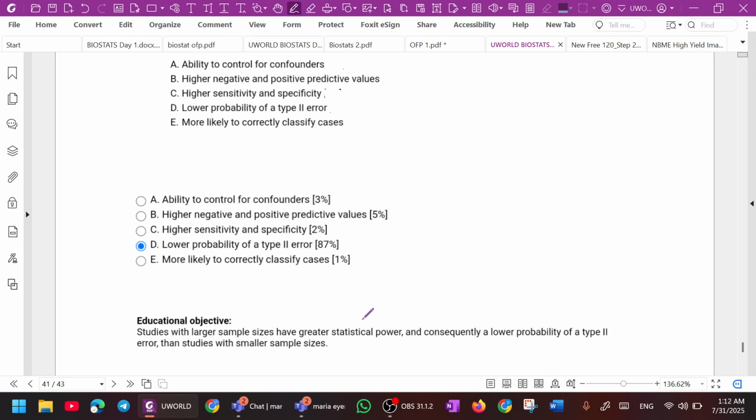Does it make sense? Yeah. You cannot find sensitivity and specificity here. They didn't give you true positive, true negative, false positive, or false negative. They didn't give you the test. There's no way of finding sensitivity and specificity. Okay. Next.